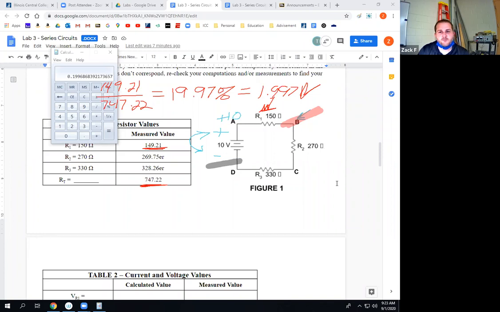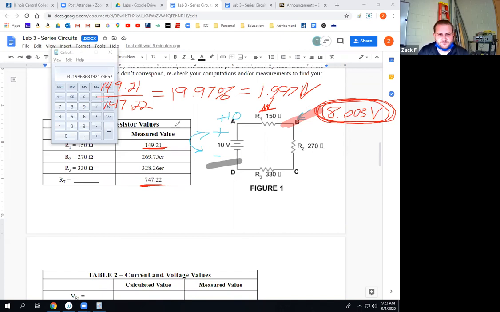Yeah, 10 minus that. So at B, I could expect to read 8.003 volts. Does that make sense to everybody? Because that's the example I'm going to give to you.